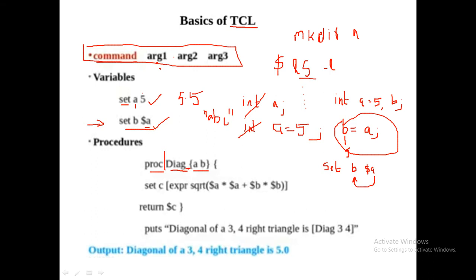If you miss it, you will get errors, right? So space, then the second argument, the open flower bracket. You are giving 2 parameters here: a, space, b. Space plays a very important role. So a space b, closed with the flower bracket. Now this is the second argument for defining a procedure.